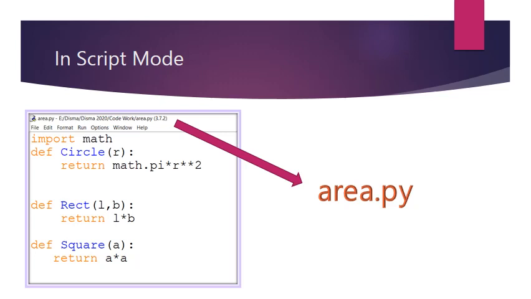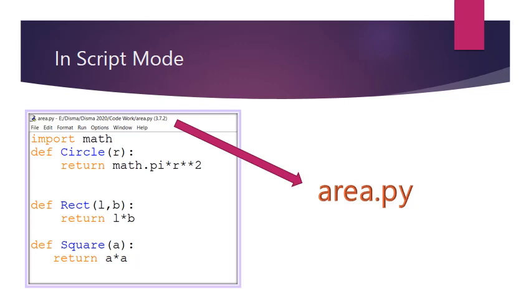You can call that pi attribute from the math module as math.pi into r square. It can be written as r, the exponent operator, followed by 2. It will calculate the area of that particular circle and it will be returned to the place where it is called. Then the rect function will return L into B's value, whereas square will return A into A.